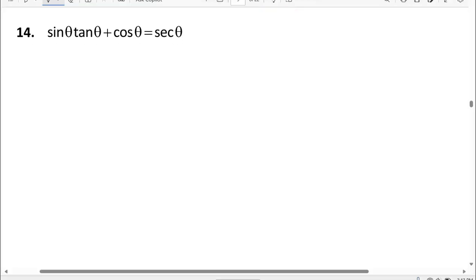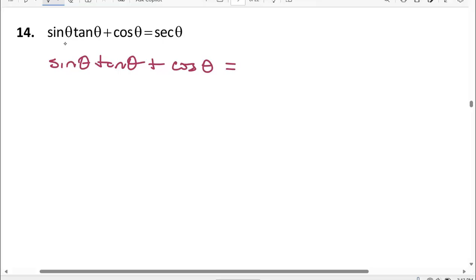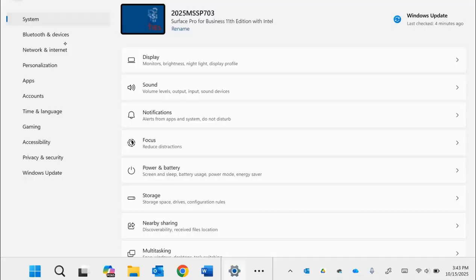In number 14, we have sine of theta times tangent of theta plus cosine of theta is equal to secant of theta. So I'm going to start my proof by stating that sine of theta times the tangent of theta plus the cosine of theta is equal to itself, sine of theta times the tangent of theta plus the cosine of theta.